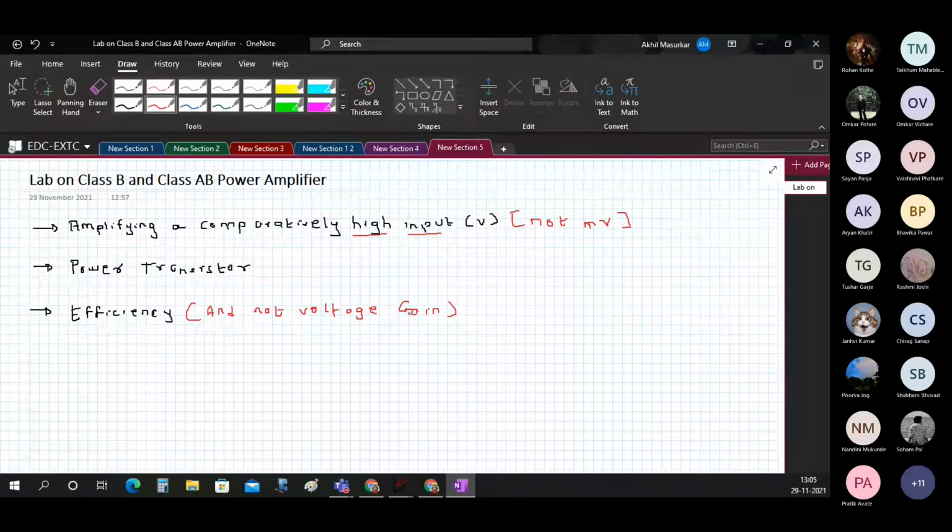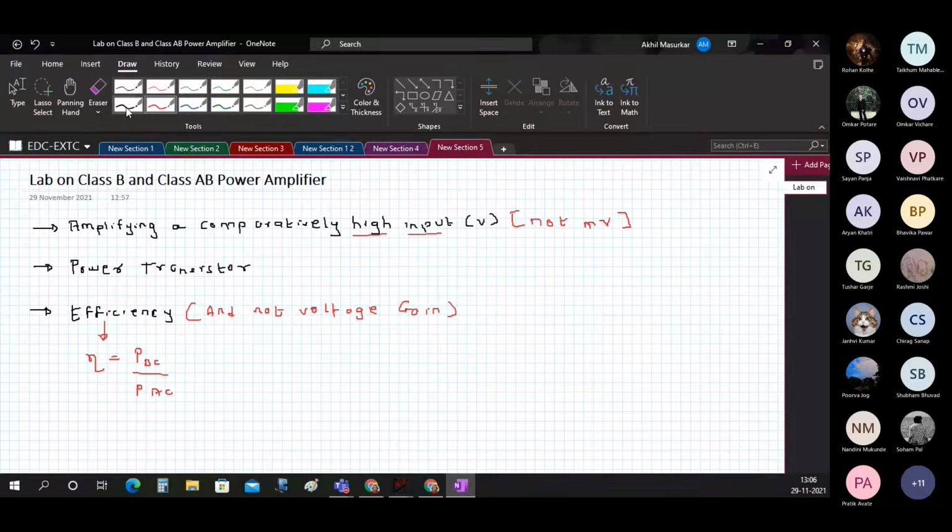It would be around 1 or 1.5, because this amplifier is designed to boost the current and not the voltage. So efficiency part is very important. And the efficiency formula is simply like the AC power upon the DC power. Okay. It's as simple as that.